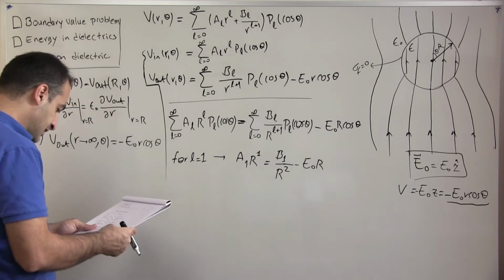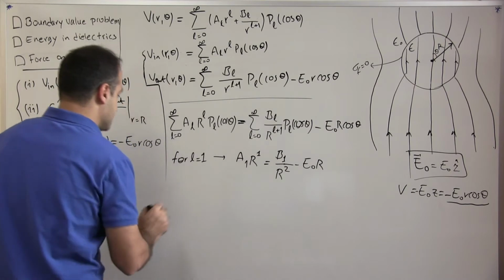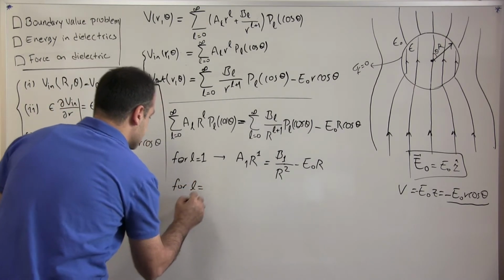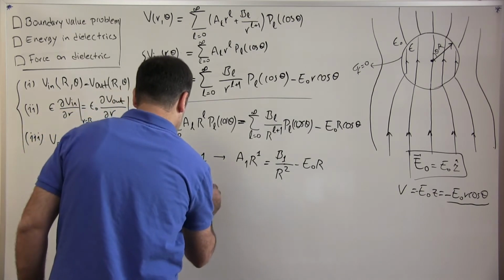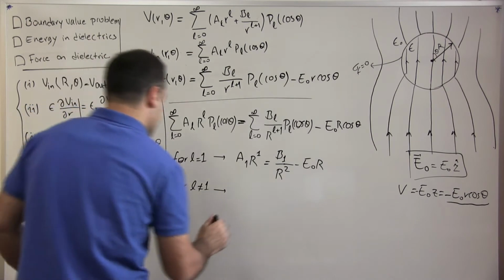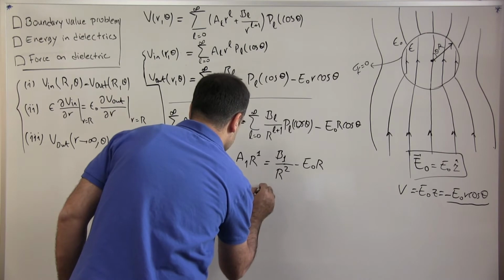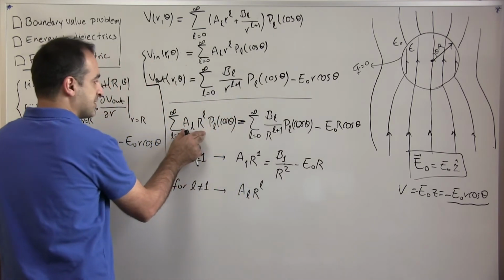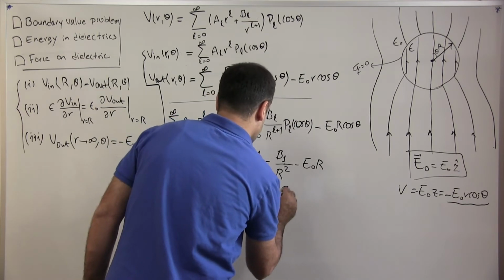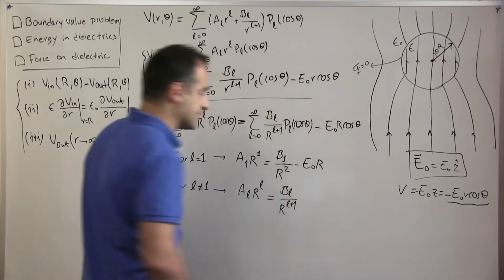For other values of L, these two sigmas should match each other. So for L not equal to 1, we get an equation that says AL R to the L, which is a term here, should be equal to BL over R to the L plus 1.